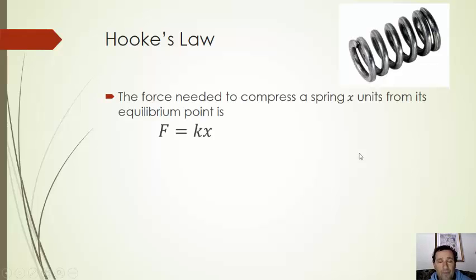In particular, Hooke figured out that the force needed to compress a spring x units from its equilibrium point is F equals kx. In other words, the force is proportional to the distance from the equilibrium point. Now that we have Hooke's law, we can use it to find work.